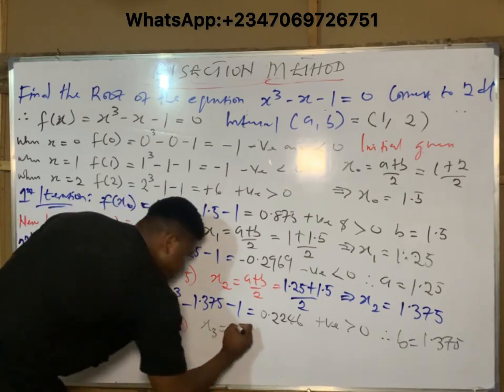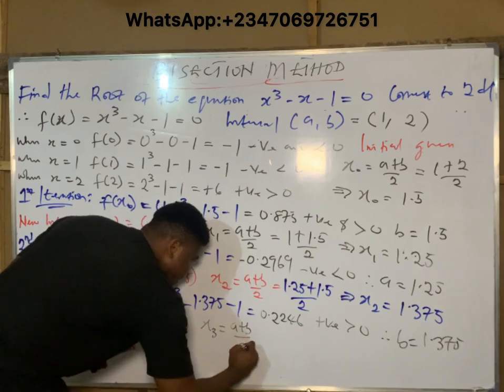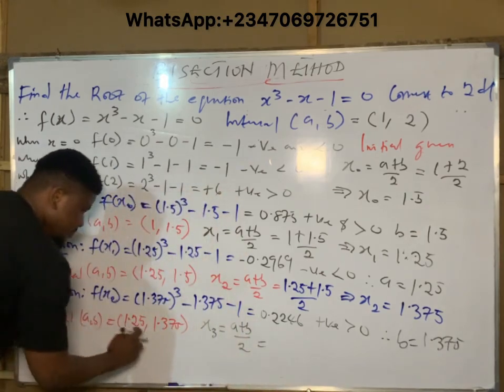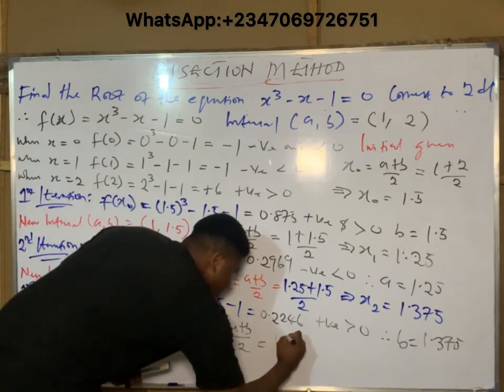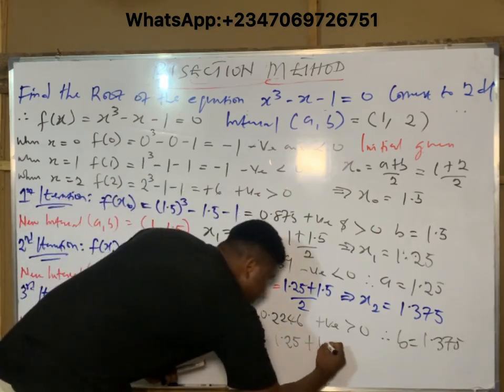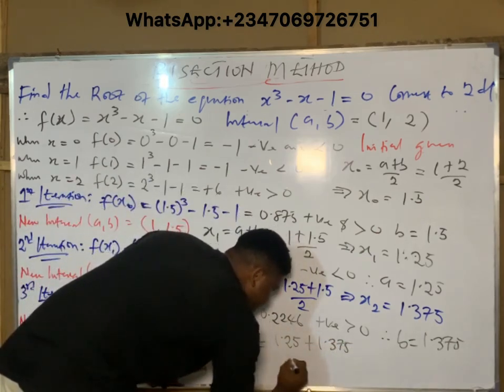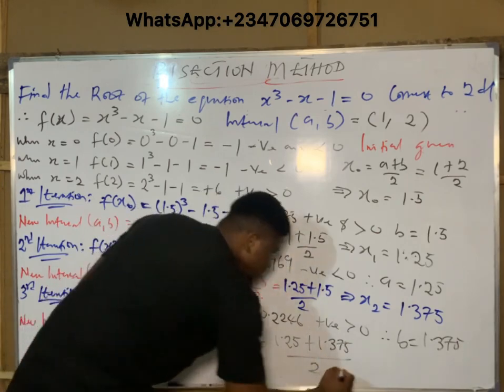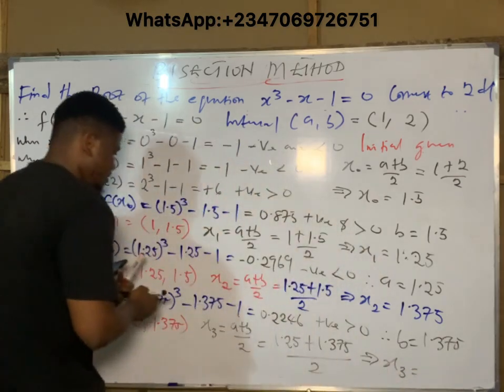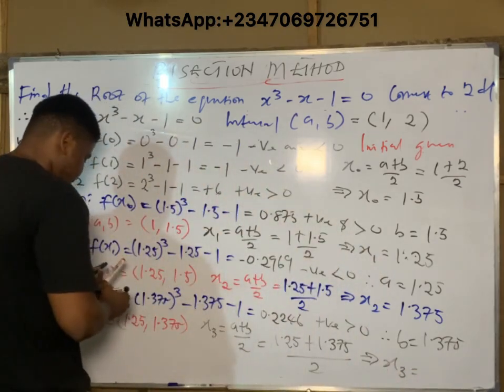x3 is a plus b divided by 2, which equals a is 1.25 plus b is 1.375 divided by 2. So this simply implies that x3 is going to be equal to, so let's find that ratio.